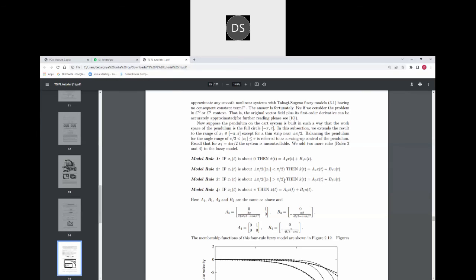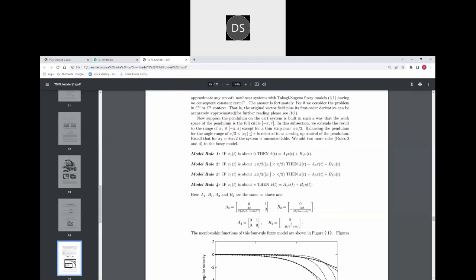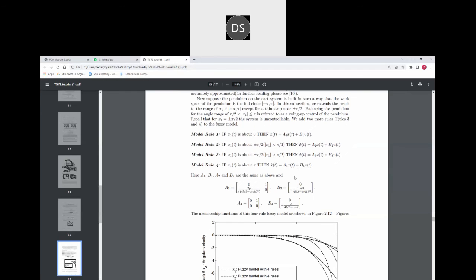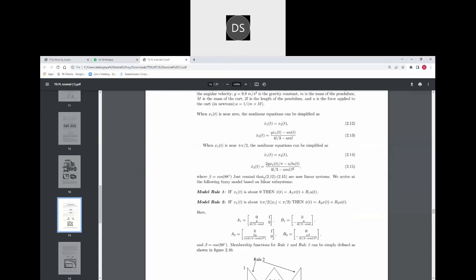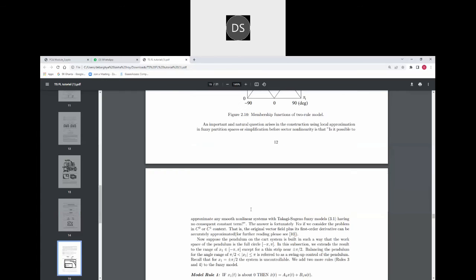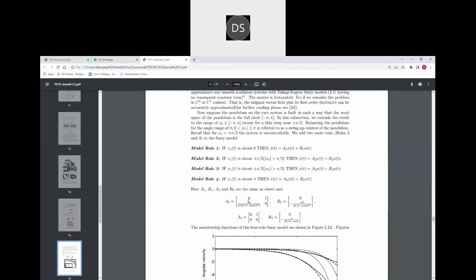Here is the difference between model rules 2 and 3, and model rule 4 is for when x is around pi. When we assume all these things, we get a linear state space. Similarly, we get the same values of a2 and a3 because the approximation is nearly the same. So all the systems are linear.